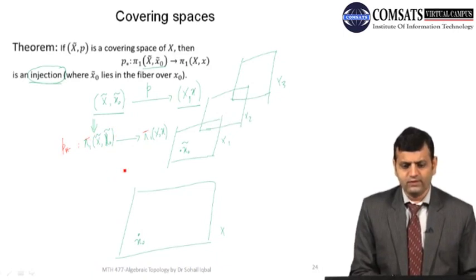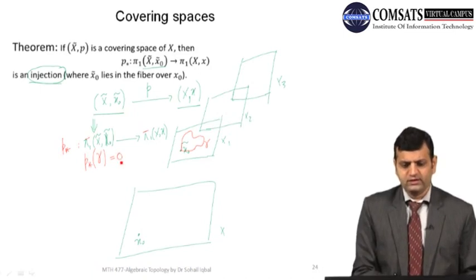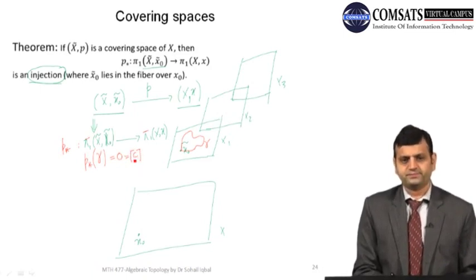Using the covering homotopy lemma, we can easily show that. So let's say there exists a loop gamma inside this space, such that P lower star of gamma is 0. So 0 means that it is the homotopy class of a constant.